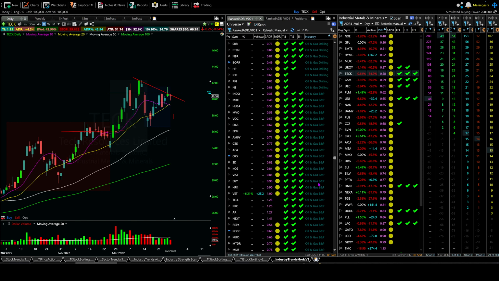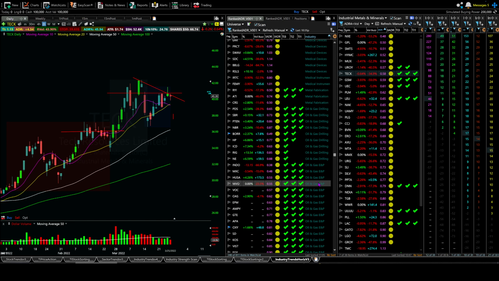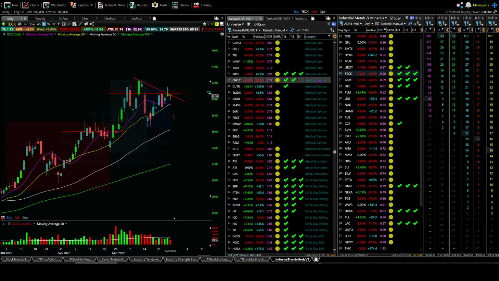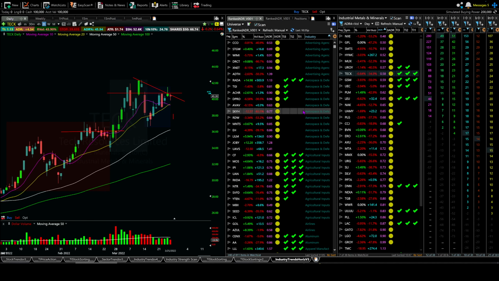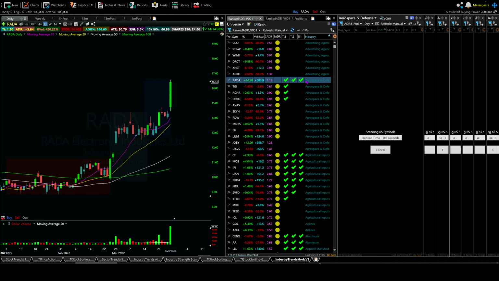You can go down here and find oil and gas names in their respective industries, medical devices here. What's cool about this is I can quickly see, for example, that I really want to see the ranking based on my criteria for aerospace and defense. What's going to pop up right at number one is RADA.